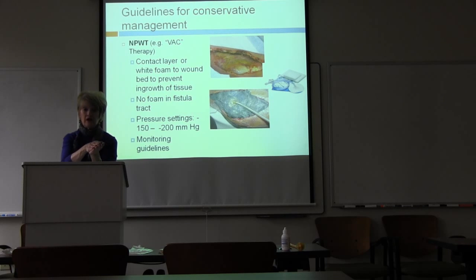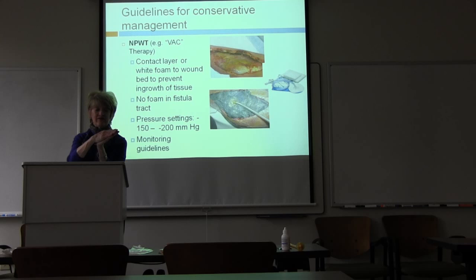Why do we say avoid placement of that open cell reticulated foam directly on the wound bed? Because typically in a patient with a fistula, you have a very thin layer of tissue covering the loops of bowel.